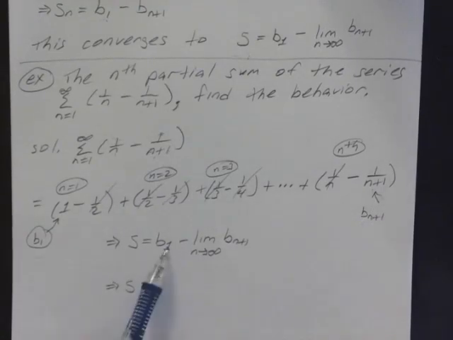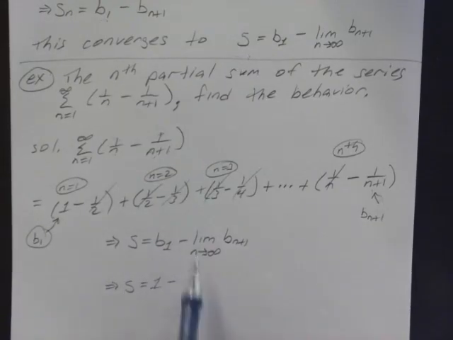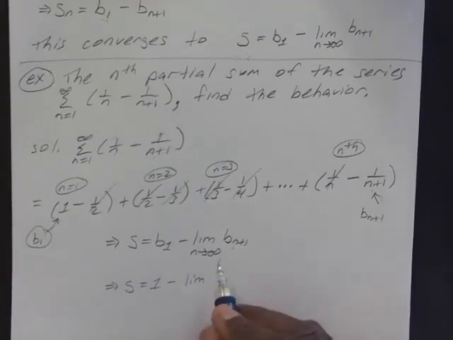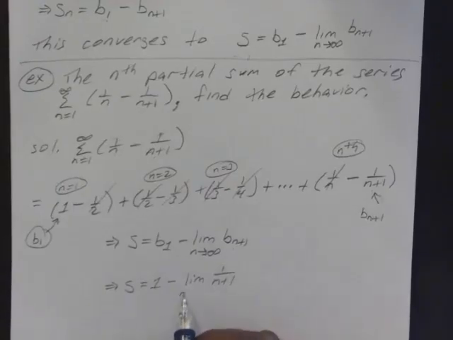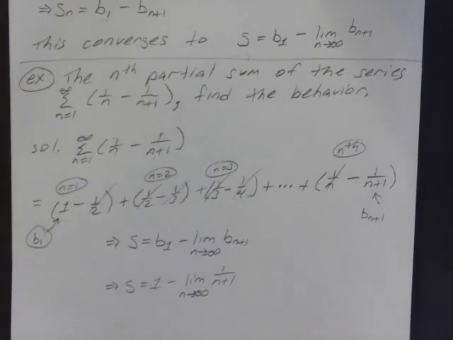So this is just going to equal your b sub 1, which is 1, minus the limit of your b sub n plus 1, which is 1 over n plus 1, as n approaches infinity.